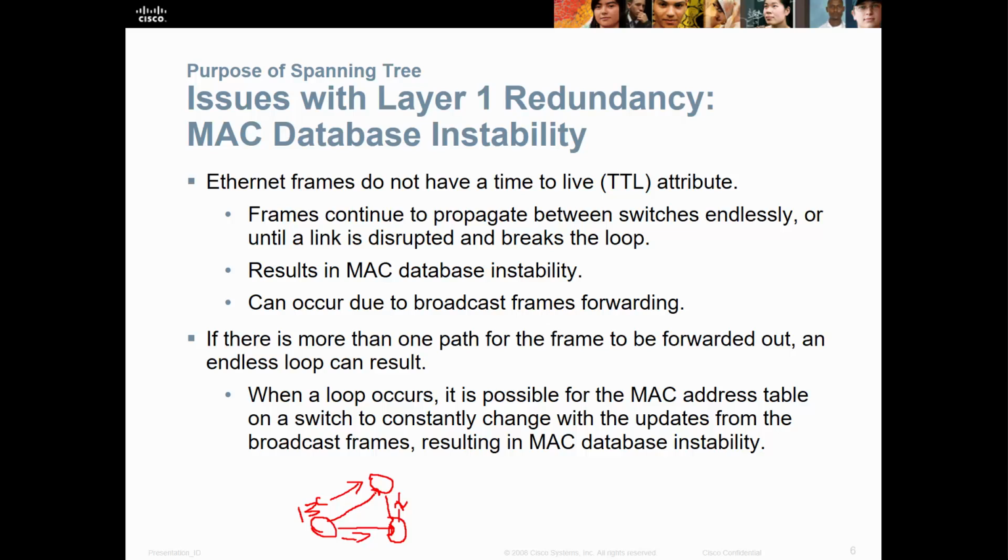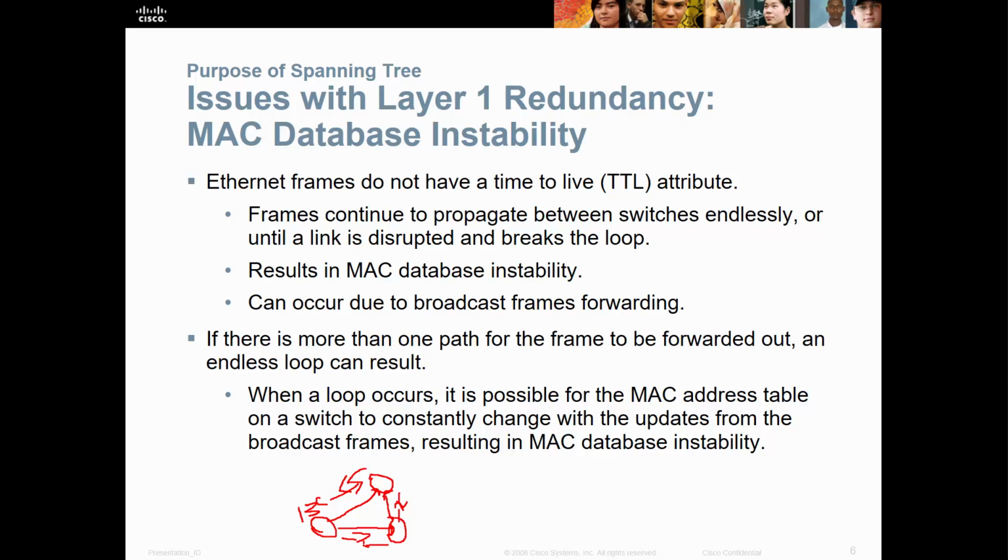It will send it that way. Then this switch will get the broadcast from the lower switch. It will not forward it out that port, but it will forward it out that port. You start seeing where this becomes a giant loop, and all the switches are forwarding the same broadcast frame between one another.